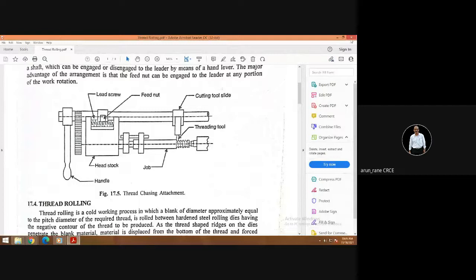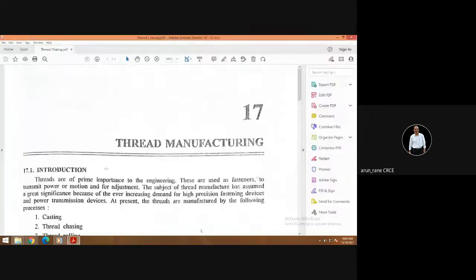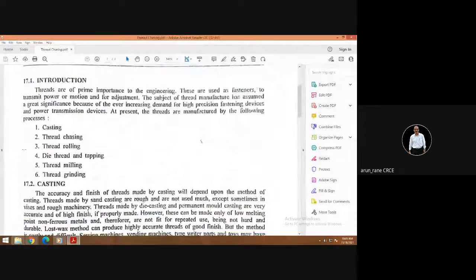Again, this is taken from Hazra and Chowdhury. So thread manufacturing can be done by casting, thread chasing. Casting means your normal casting process, but there the threads will be very rough. Then thread chasing is done on the lathe machine.